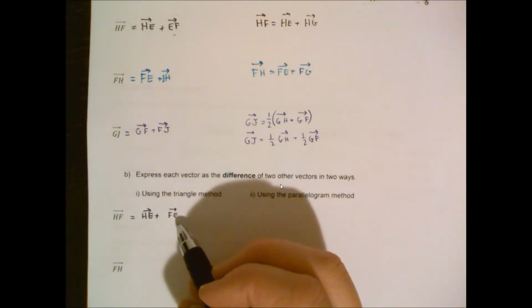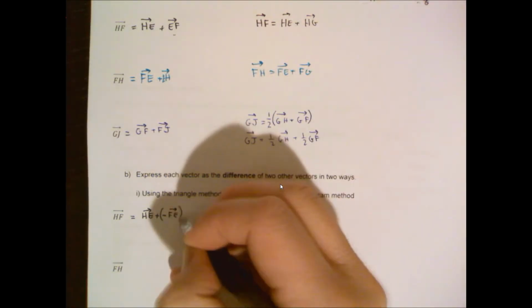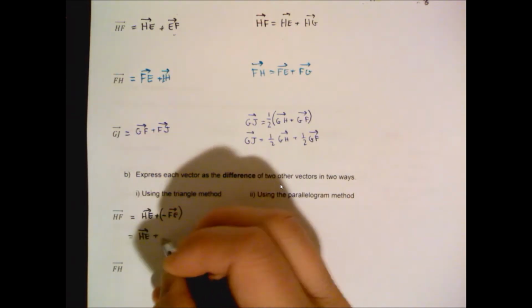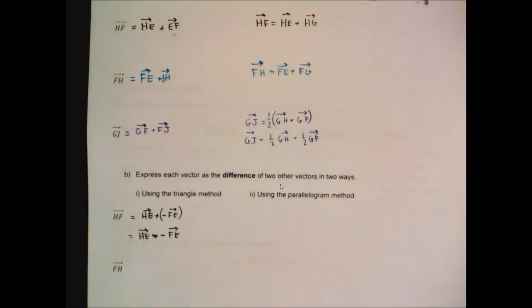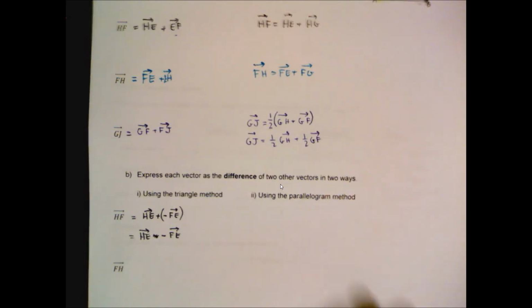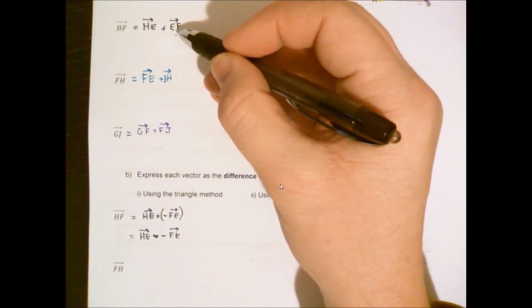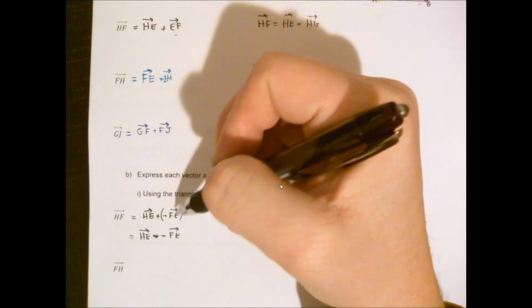Now there's something wrong here, Mr. Wills. You really need to make this vector equal to EF. So I'm going to put a little negative sign in front. So that's really equal to HE, and I want to make this a difference, minus FE. And there we go. What I did here is I switched the E and F, and then put a negative sign in front, and so I've got my difference.